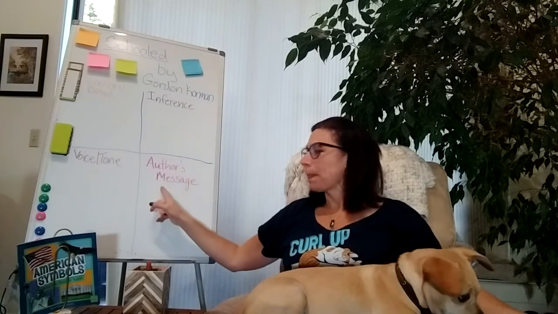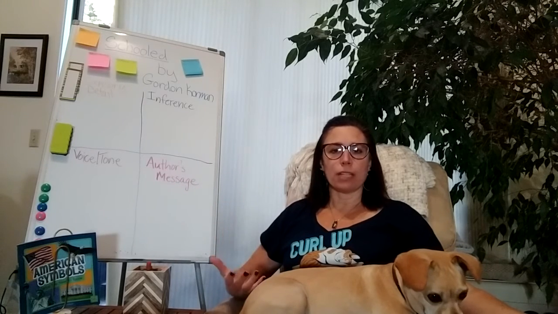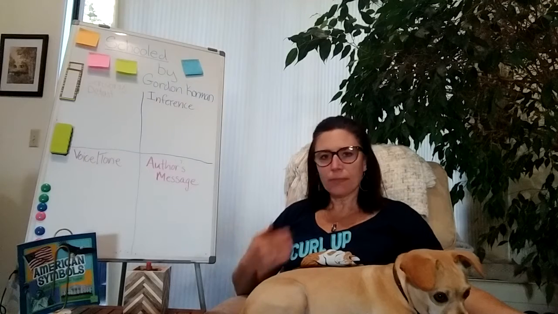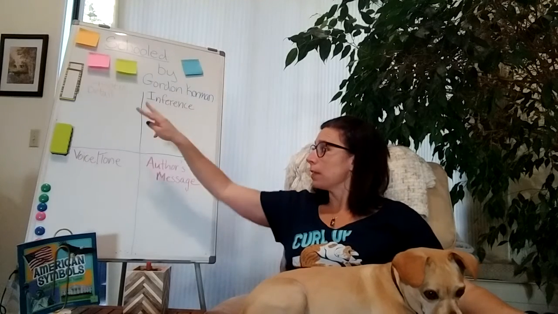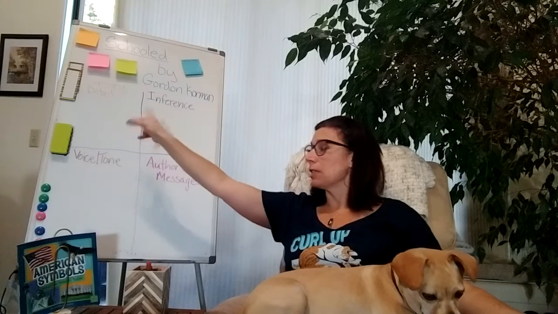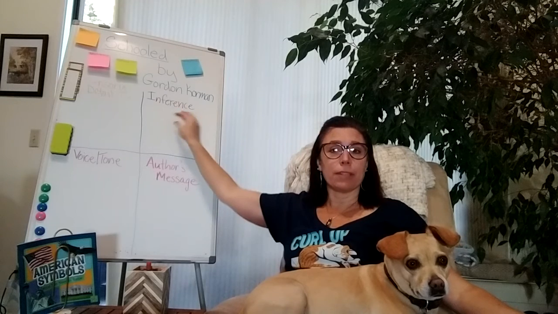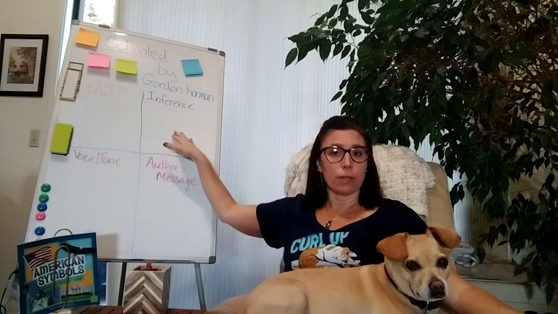And then finally, what's the author's message? What are they trying to teach us? What are they trying to get us to understand? As I read today, you might want to jot in categories like this. When you hear a sensory detail, write down the example, and then what did it make you feel, see, think, whatever. Inference, if there was a piece that you read between the lines, what did you infer?